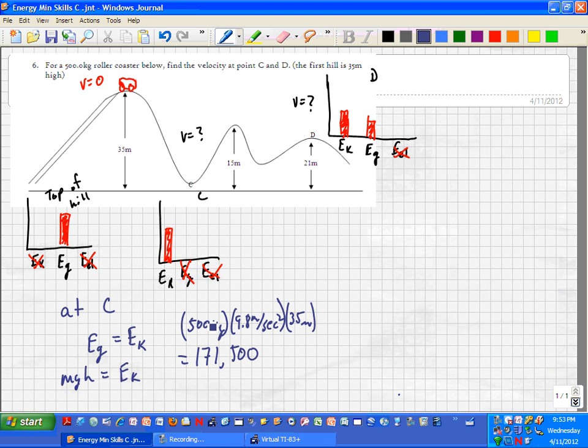That's kilogram meter squared per second squared, which we said is a joule. So that's the energy at the beginning.